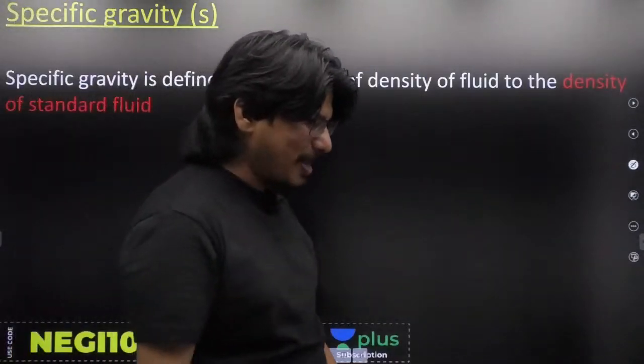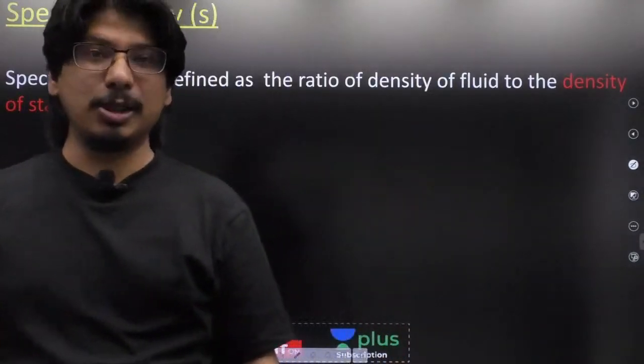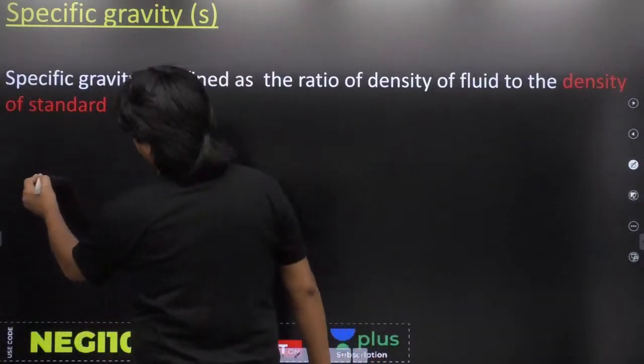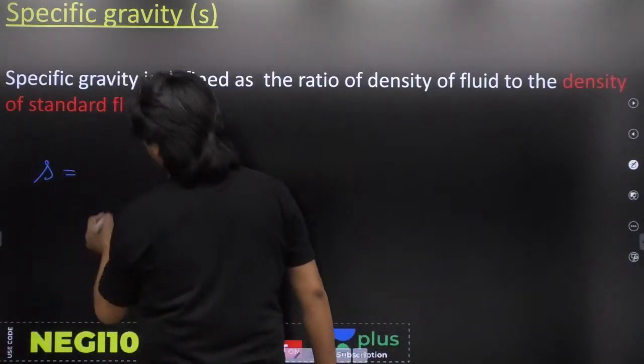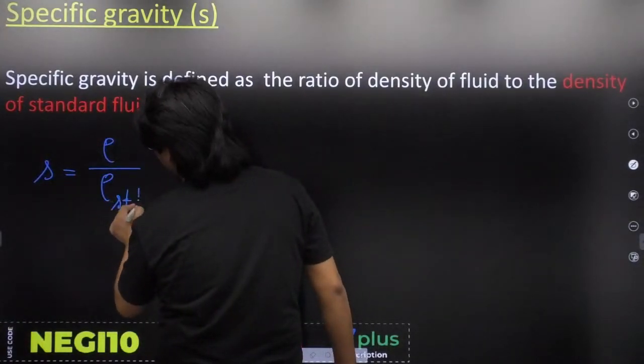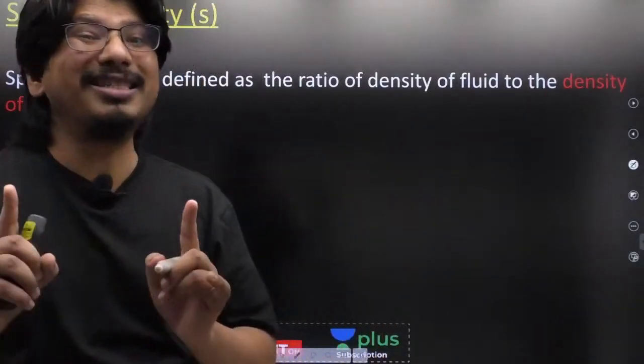Next, specific gravity. What is specific gravity? We represent specific gravity by small s. It is the density of the fluid divided by the density of a standard fluid. What is a standard fluid?